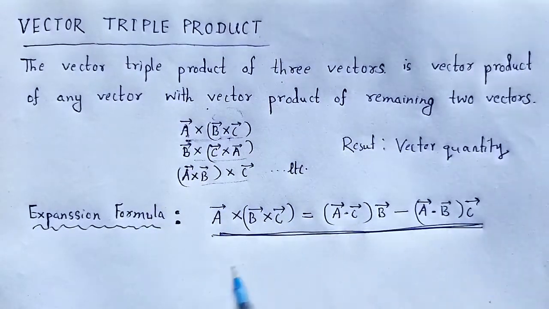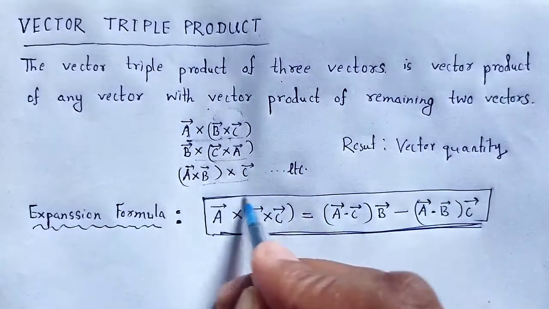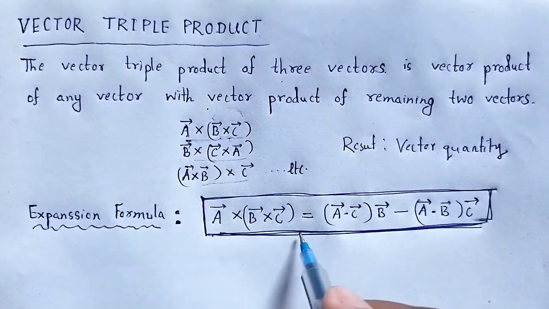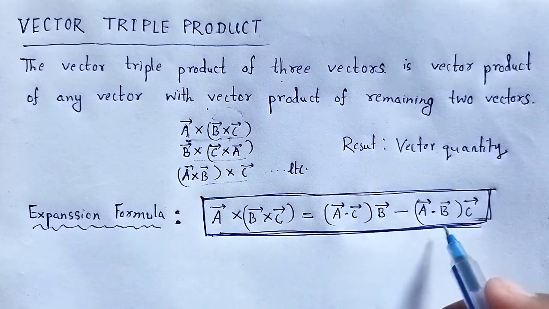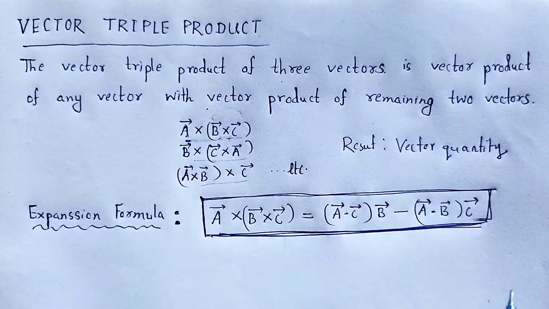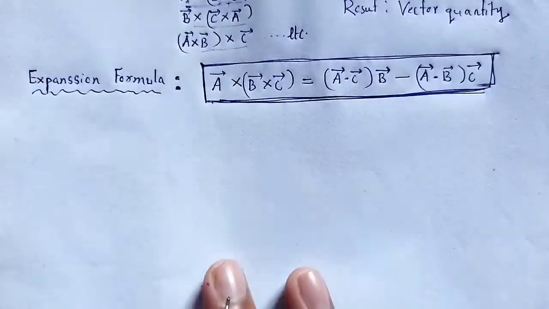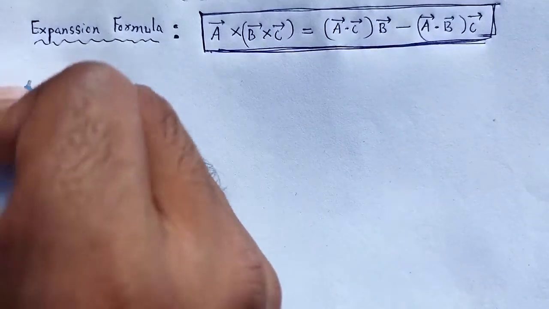Now we prove the expansion formula: A cross (B cross C) equals (A dot C) B minus (A dot B) C. Look at how we prove it.